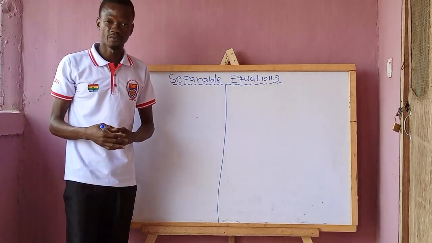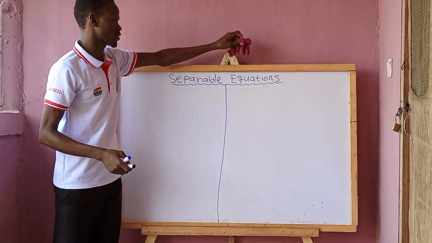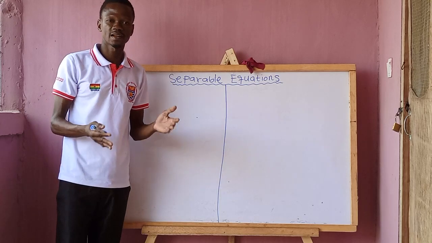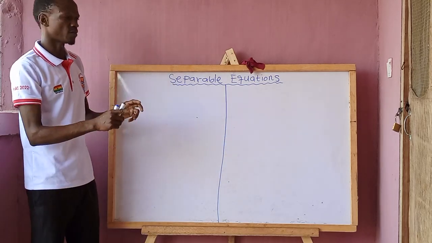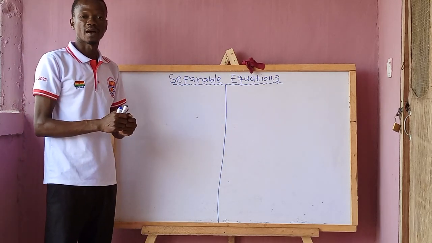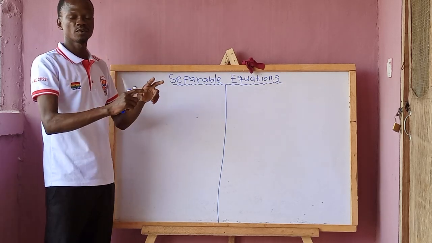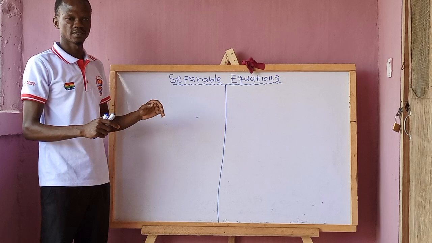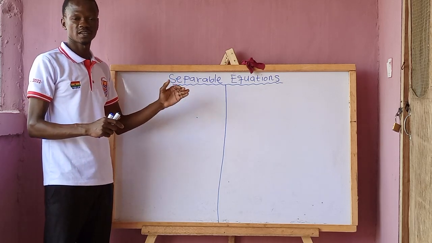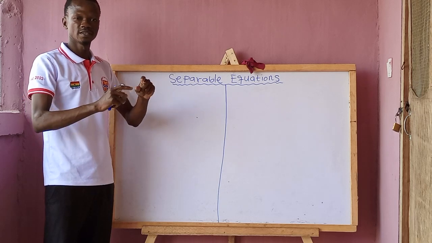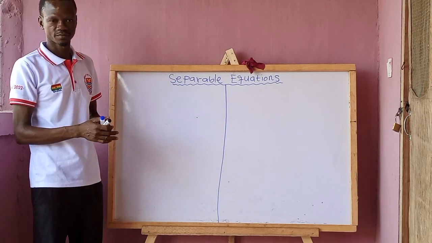what are separable equations? When we say a particular first order ordinary differential equation is separable, what does it mean? To the layman, it means that the variables in the equation can be separated. That is, the x variables and the y variables, or the dependent and the independent variables, can be separated to both sides of the equal sign.